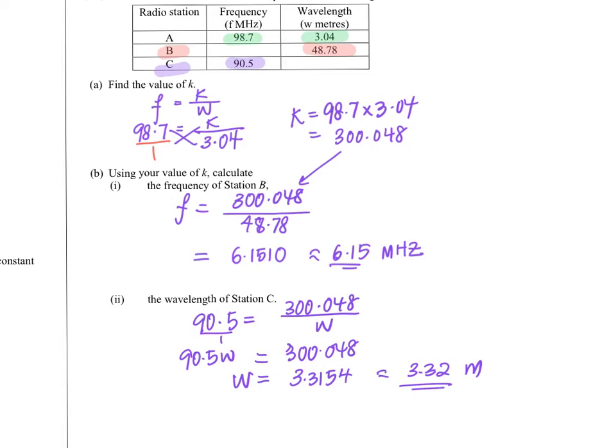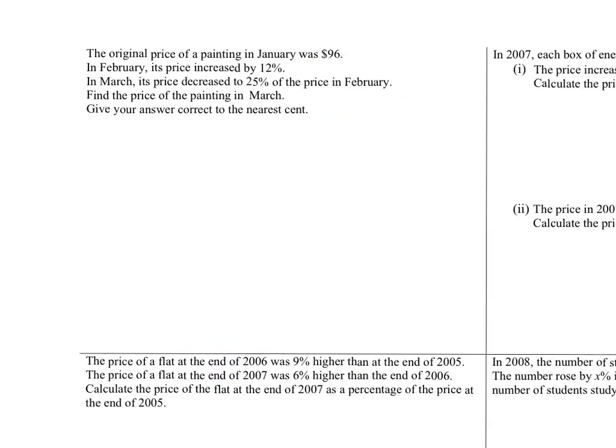We should now move on to a little bit more on percentages, and some of them involve a little bit of algebra. Now in this question, the original price of a painting in January was $96. So in January, $96. Now this $96 was the original price, 100%. In February, the price increased by 12%.